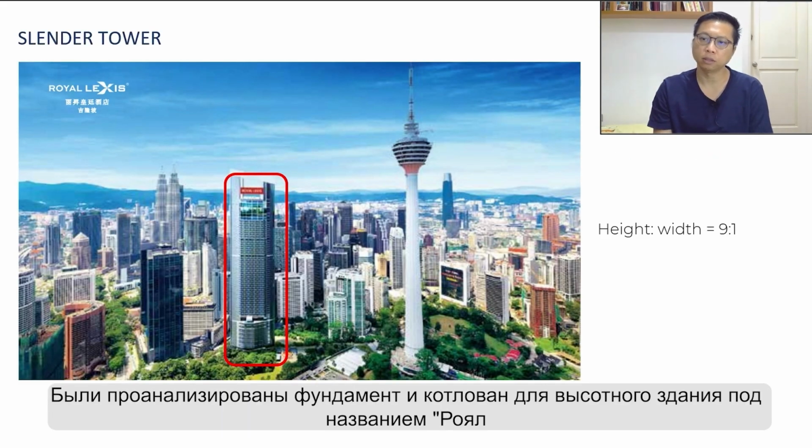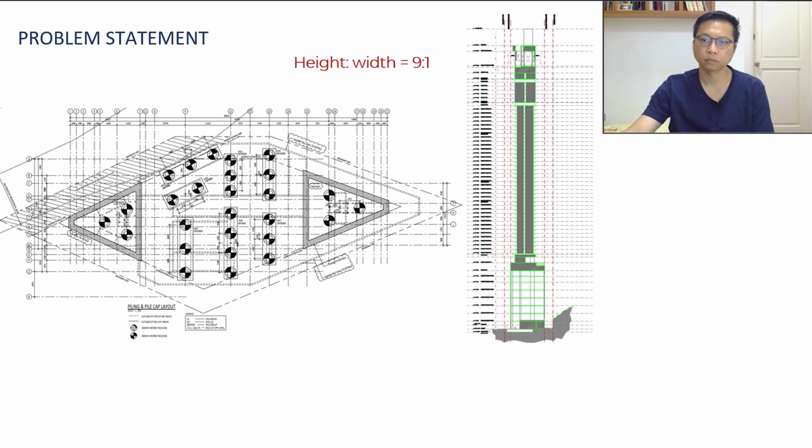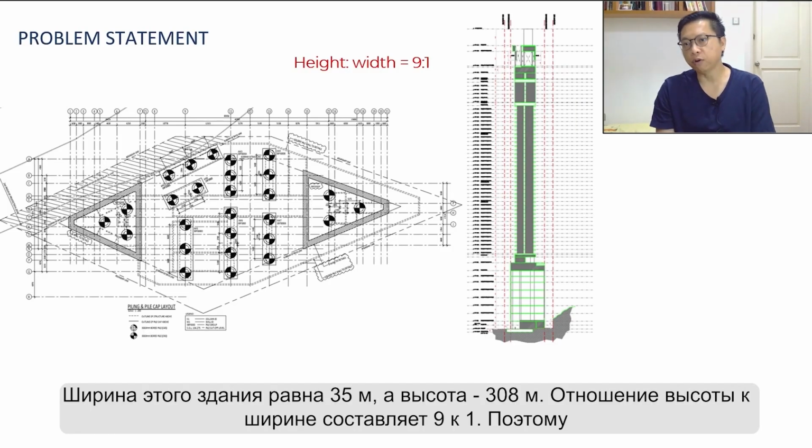We are analyzing the foundation and the basement excavation for a high-rise building called Royal Lexis. It is unique since the building is very slender. The width of the building is 35 meters, but the height is 308 meters. The ratio of height to its width is 9:1.